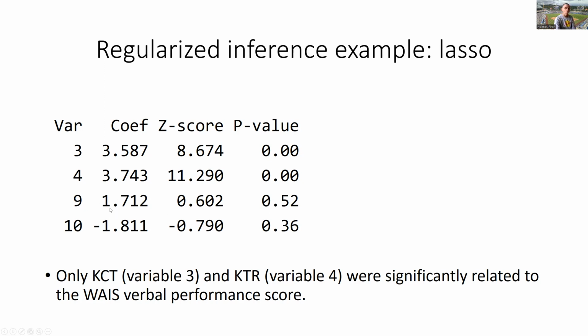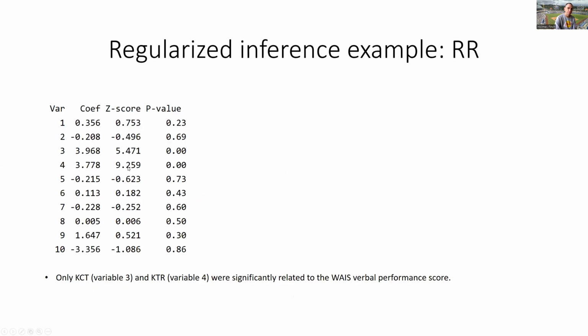So even though the lasso didn't zero them out, when we consider sampling variability, we would conclude that they're not sufficiently large to be statistically important. They're not statistically significant. What's really statistically significant are these KCT and KTR, okay?